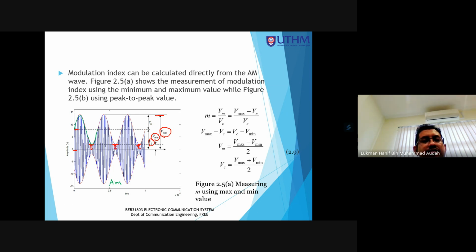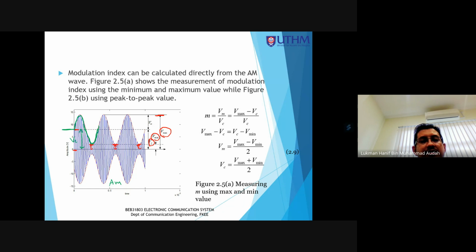This is the center. So Vc is the center of this envelope until the x-axis. So this is Vc.